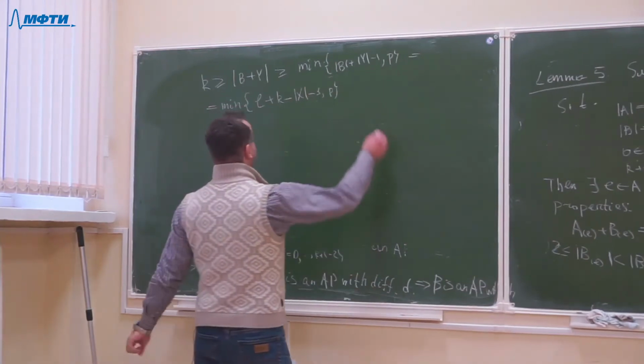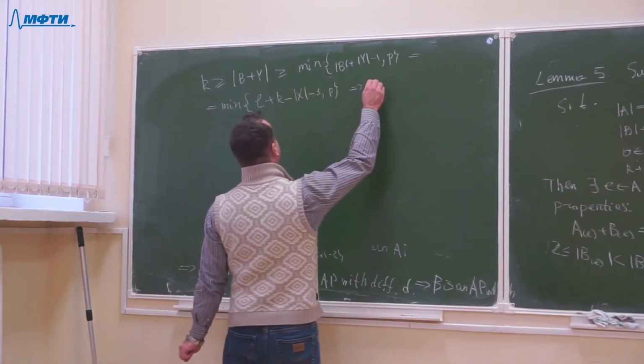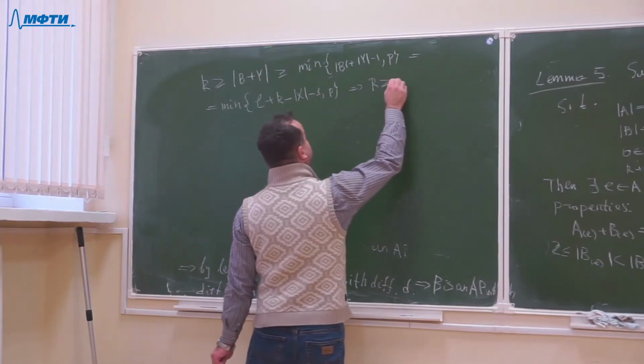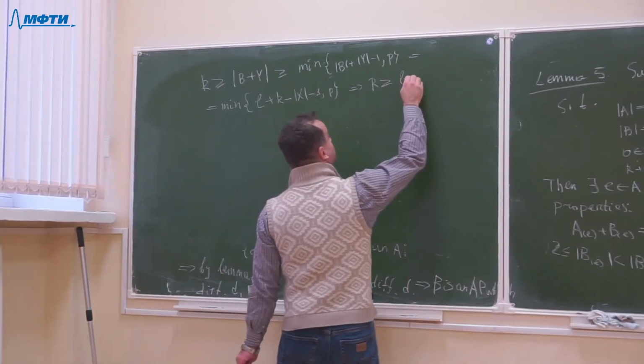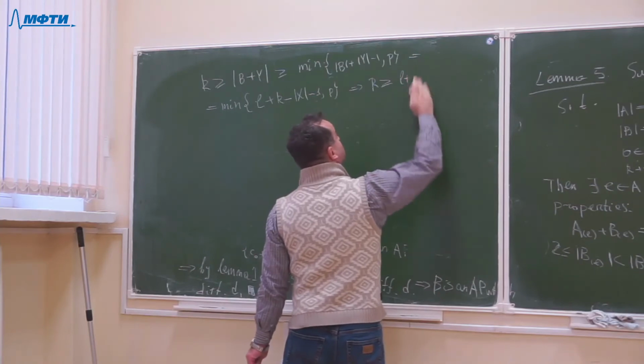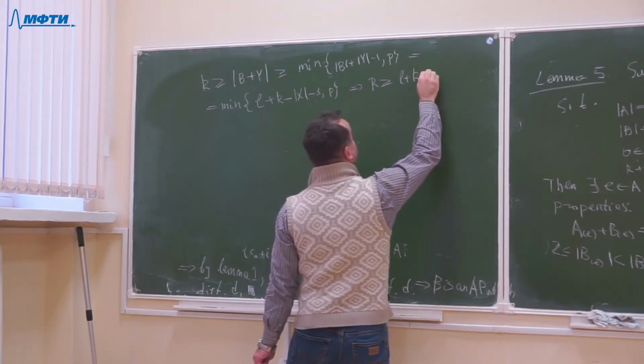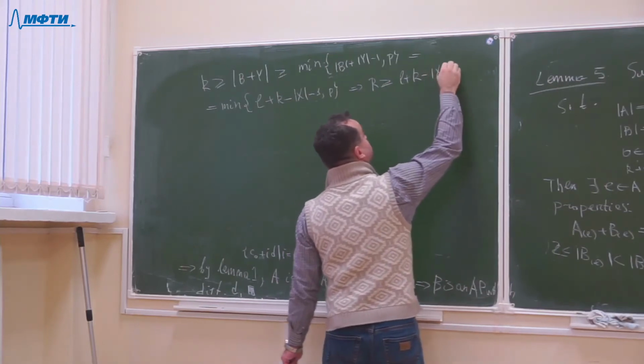So K is at least L plus K minus 1 minus cardinality of X minus 1.